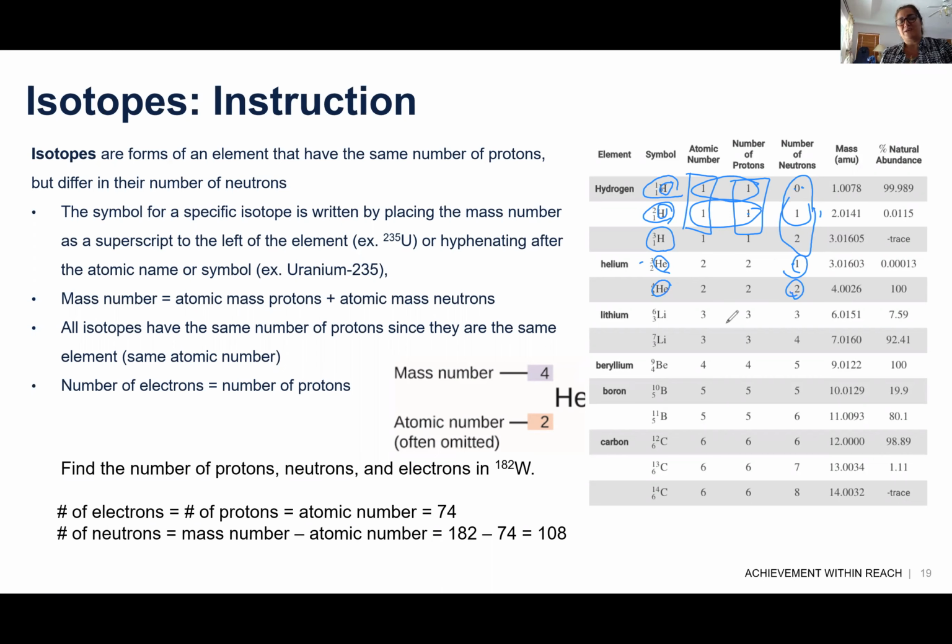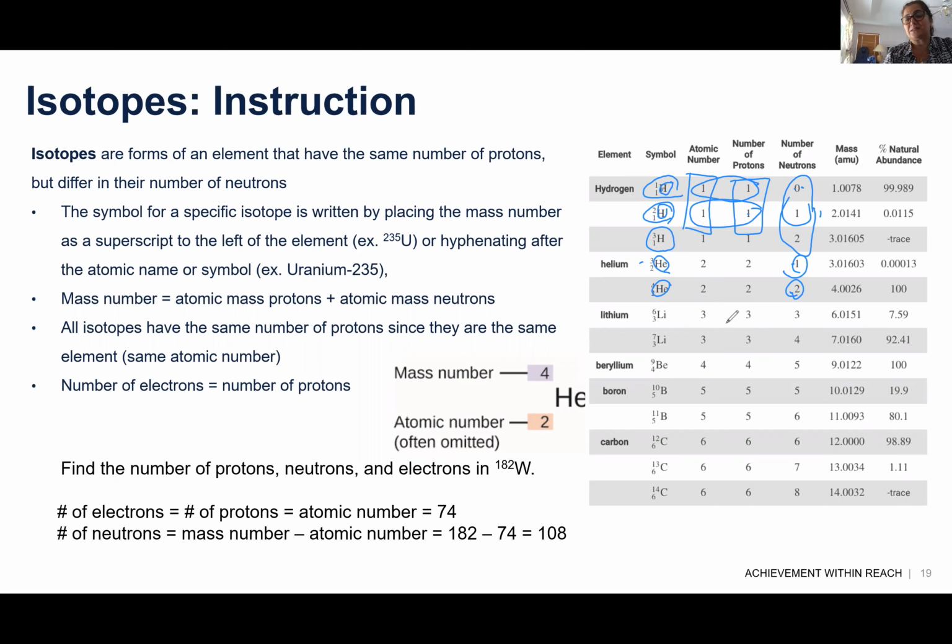What about the number of electrons? If your element is neutral, the number of electrons is always going to be equal to the number of protons. But the number of neutrons could be different from the protons, and it can also be different from one isotope to another isotope of the same element.